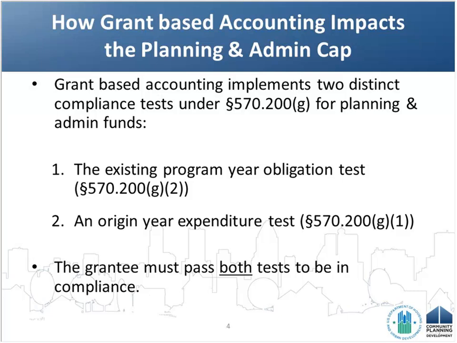That limits planning and administration expenditures to no more than 20% of each grant. The Origin Year Grant Expenditure Test will be used to determine compliance with Annual Appropriation Act requirements at the end of the grant for the FY 2015 and onward grants.